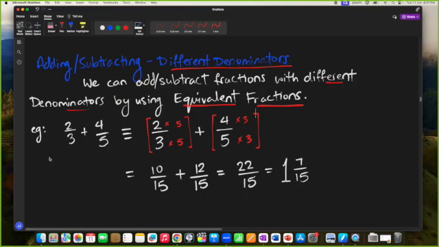So for example, I have a fraction here with different denominators. Yes, you could multiply the denominators and cross multiply and you'll get your answer, no problem. But we could also use equivalent fractions, right? You could change one of the fractions or you could change both of them.